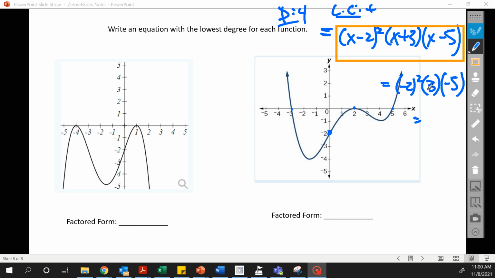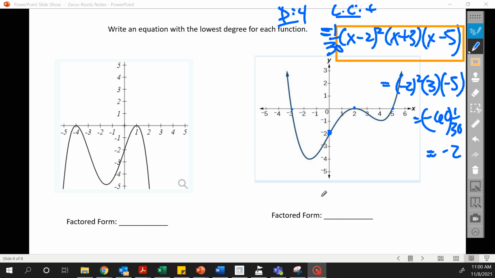So 4 times 3 is 12, times negative 5, which is negative 60. But I need that to be negative 2, which means this needs to be divided by 30. So 1 over 30 needs to go out front, so that it gets multiplied by 1 over 30 and becomes negative 2 as my y-intercept.